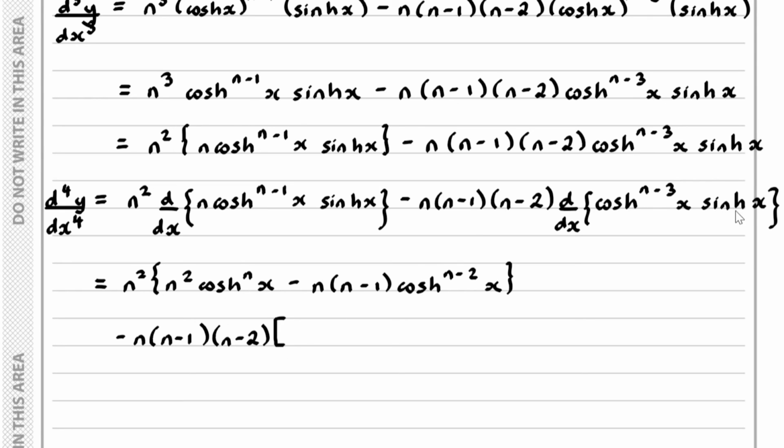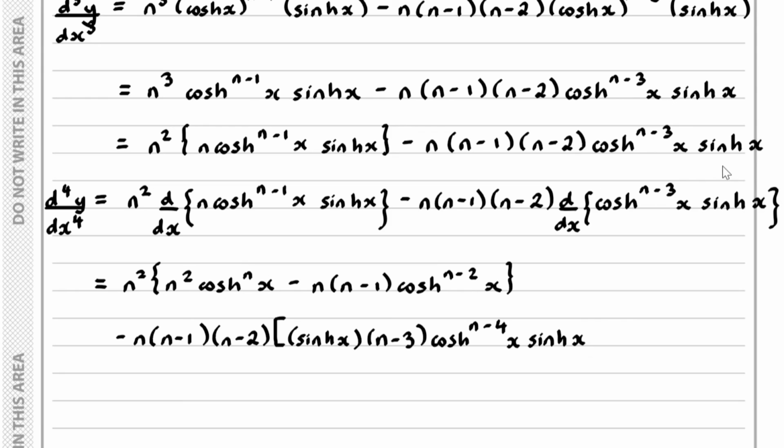Well, if I differentiate, I've got v, which is sin x, times the derivative of this, which is n minus 3 times cosh to the n minus 4 x times the differential of cosh, which is sin.